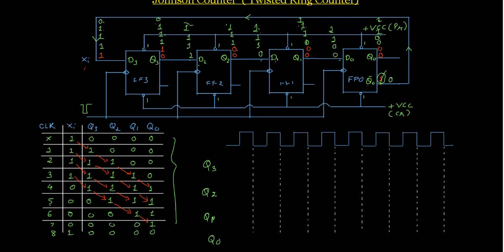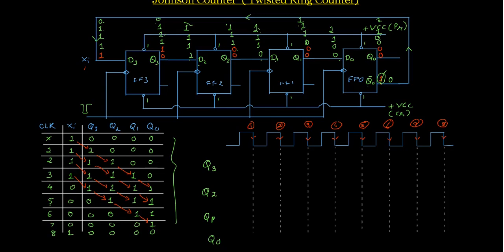So first of all we will mark the negative edges of the clock pulses, so easily we can draw the waveform. Correct? So this is my first negative edge, second, third, fourth, fifth, sixth, seventh and eighth.